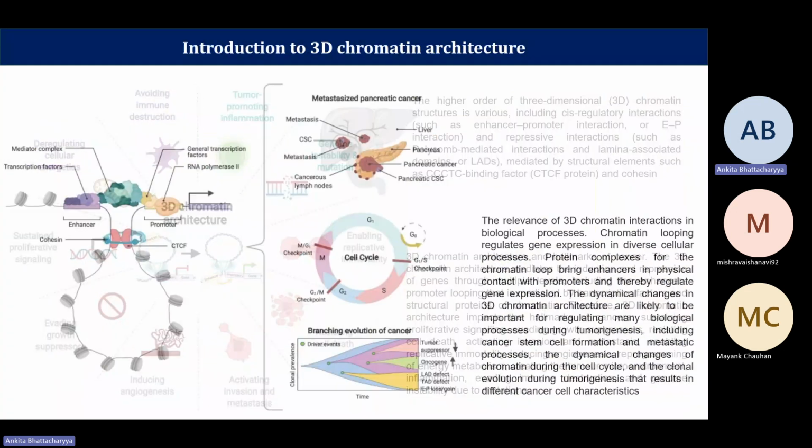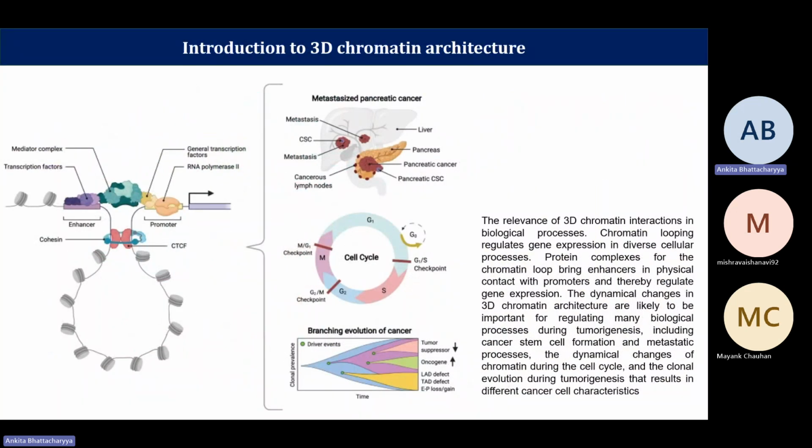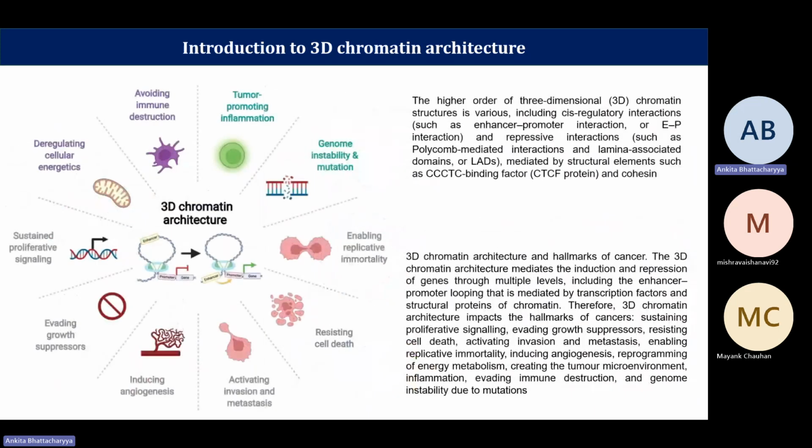We will take up this discussion in the next class when we will discuss 3D chromatin architecture in a lot of detail. But I just wanted to introduce you to the concept that till now, we have thought of the interaction between any DNA binding protein and the DNA itself to be two-dimensional in nature, where DNA can be thought of like a table and the protein like an object you have kept on the table.